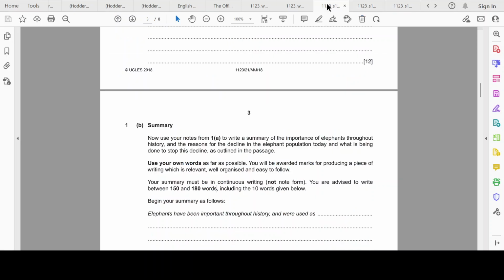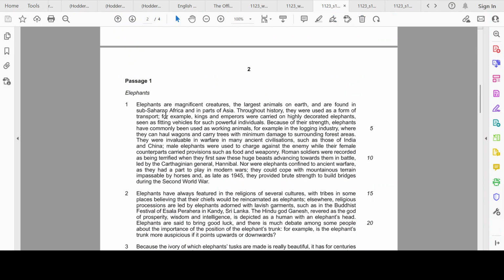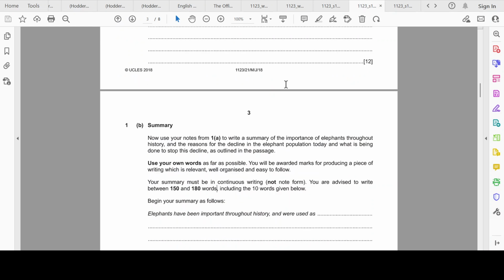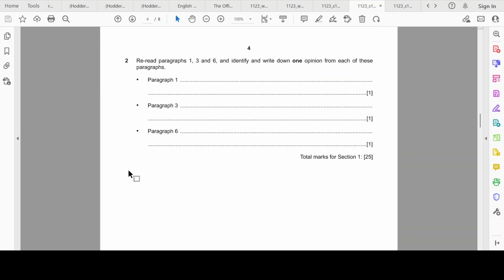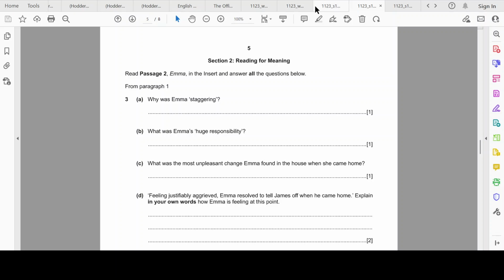So what we can do is read the text, find 15 points or 12 points, and then select the 10 out of those points that we are most confident about, and using 10 points only, or 12 points, we can try and write a summary in no more than 150 words. So we can adjust it according to the requirement of the current syllabus. So still useful, yes.